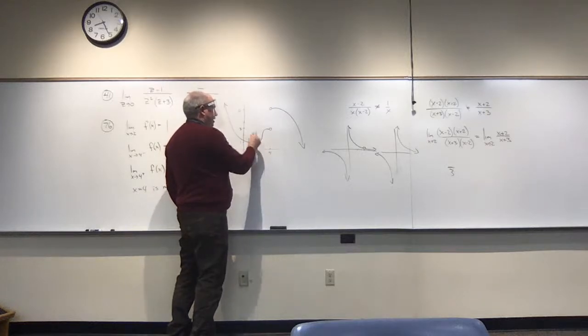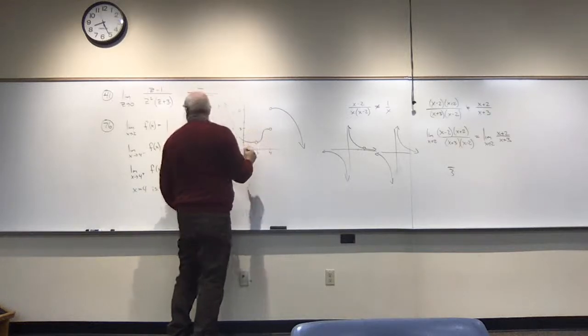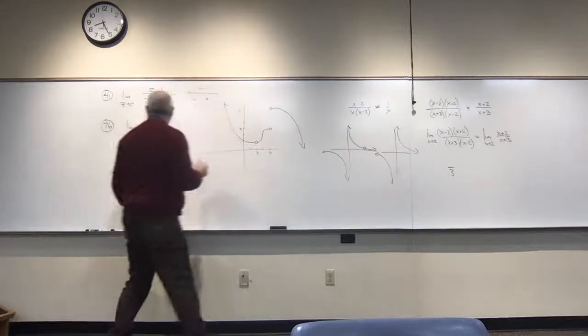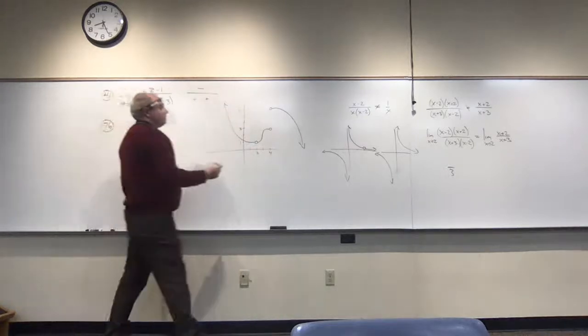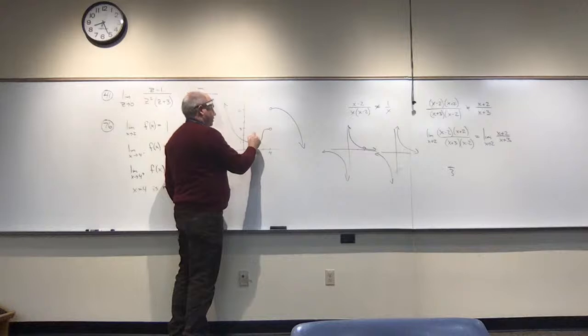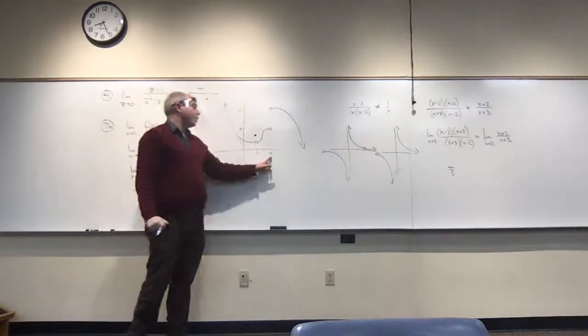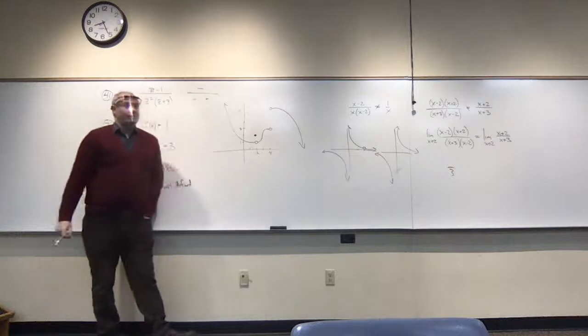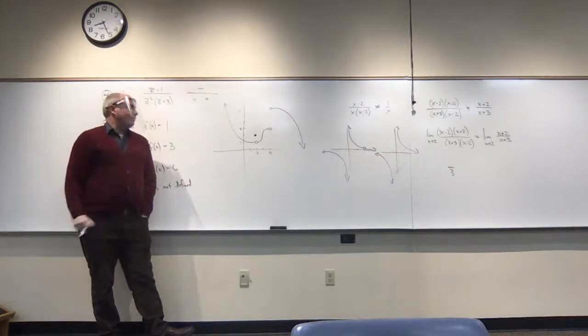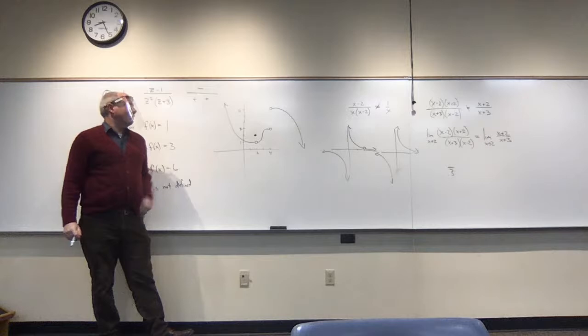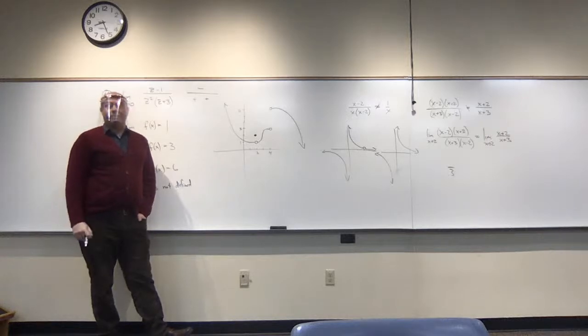It could be there. It could be up here. It doesn't really tell me anything about where the functional value of 2 goes. So I'll just put it right here. But it does say there's no value at 4. So here would be an example of a function that has all those properties.